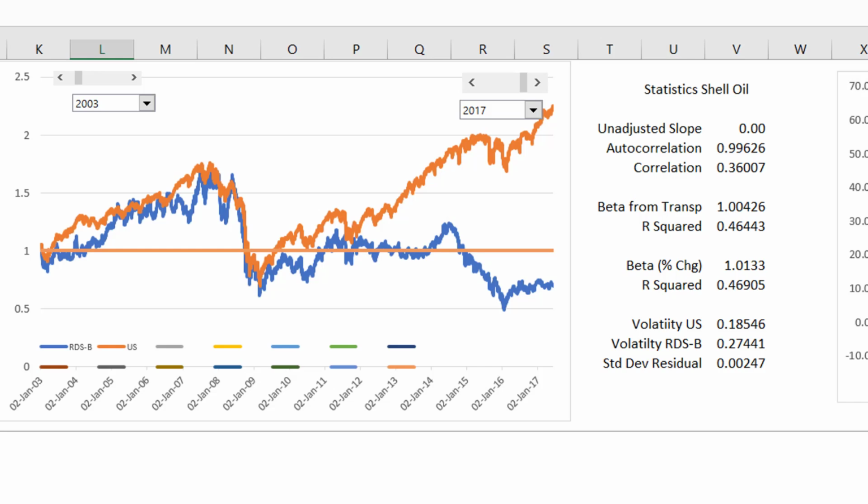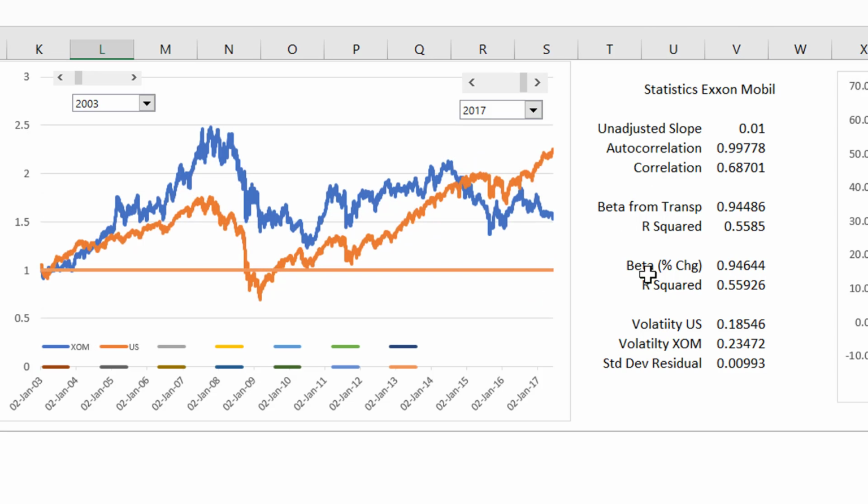Now let's try Exxon. We put the calculation on, and we get a little bit lower beta. Exxon's volatility is this, and all of this.